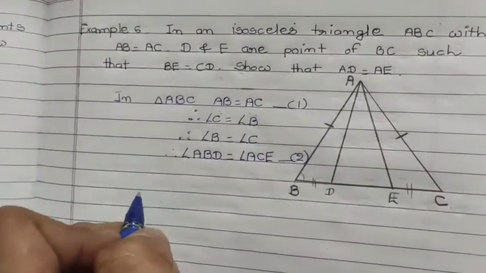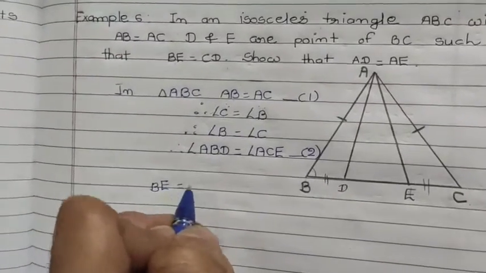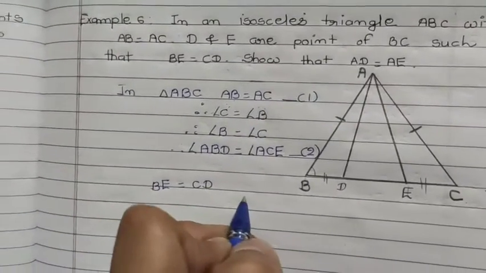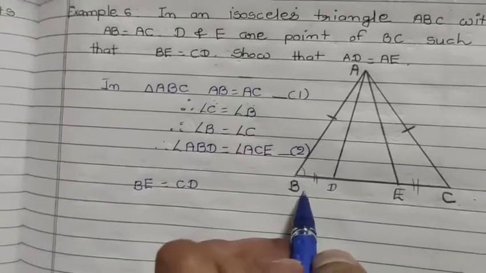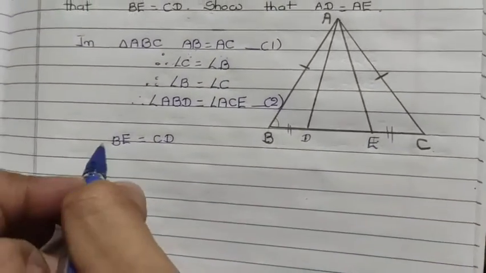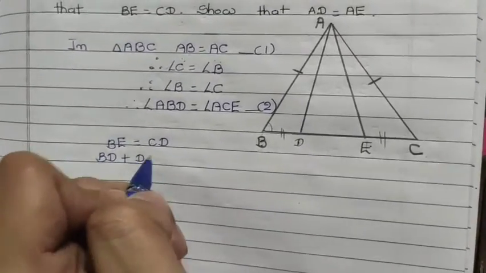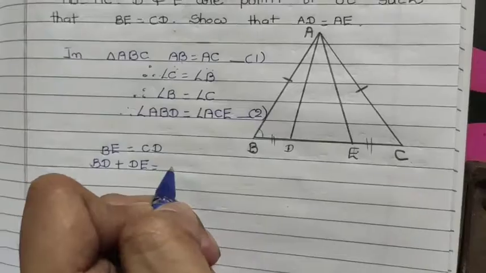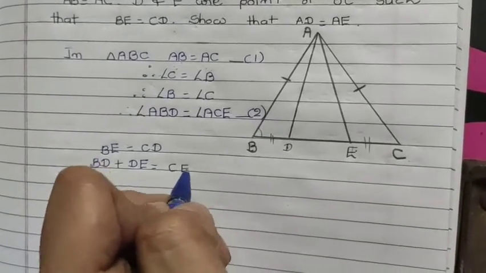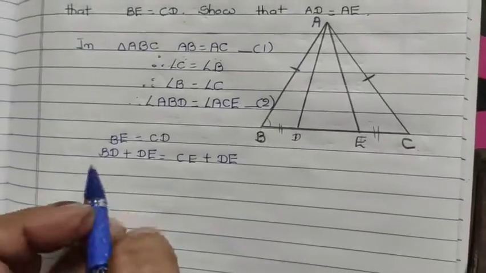Now, the third one, BE is equal to CD is given, right? But we can write BE is equal to BD plus DE, and CD is equal to CE plus DE, right?